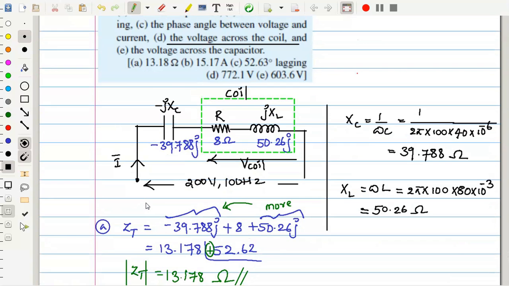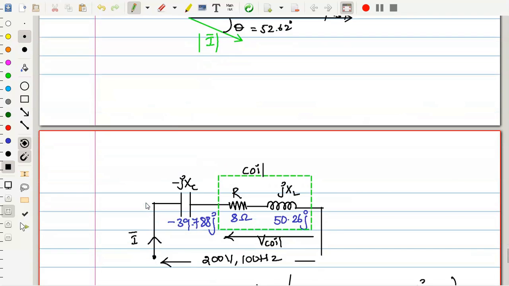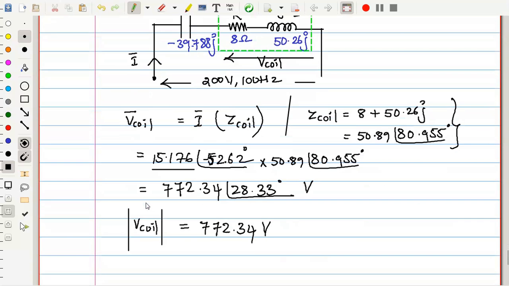Voltage across the capacitor. Again the same thing, voltage across the capacitor you can do in a similar way. VC phasor is equal to the current through the capacitor, I phasor, times the impedance of the capacitor, ZC. I don't even want to calculate this, you know how to do this, right?